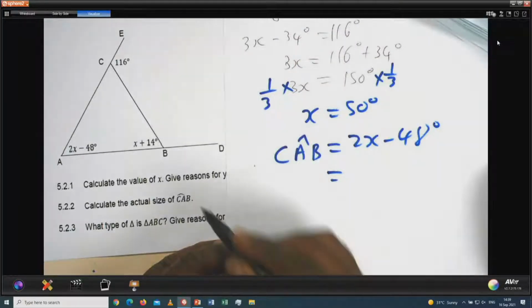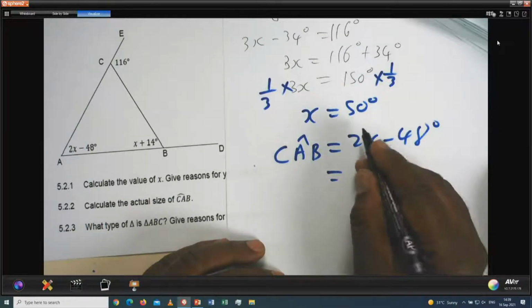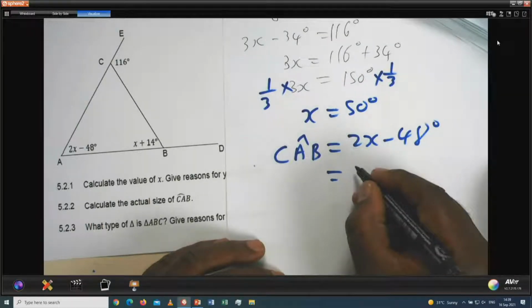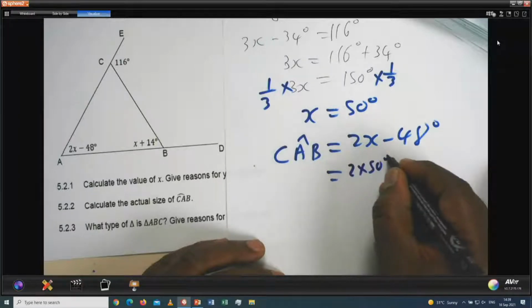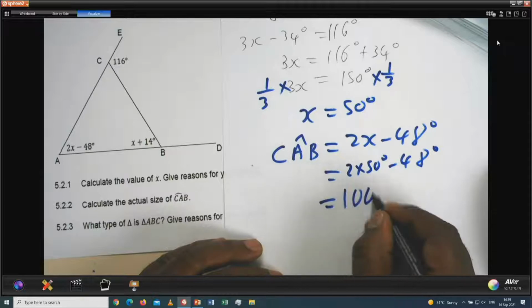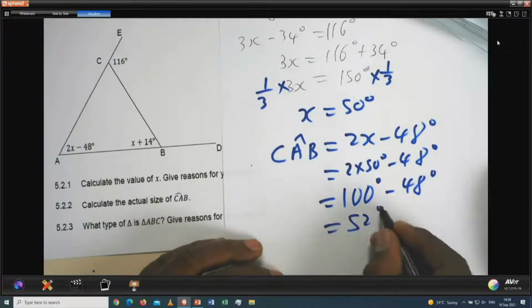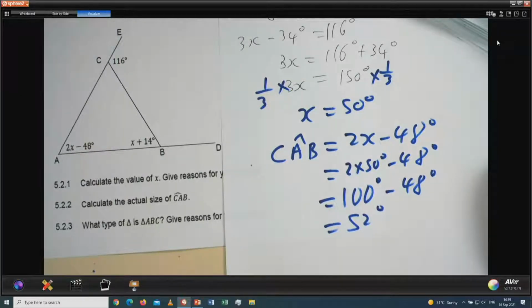You cannot answer this question before you answer the earlier one. Therefore, you know here x is equals to 50. So 2 by 50 minus 48 degrees, which is 100 degrees minus 48 degrees, which is 52 degrees.